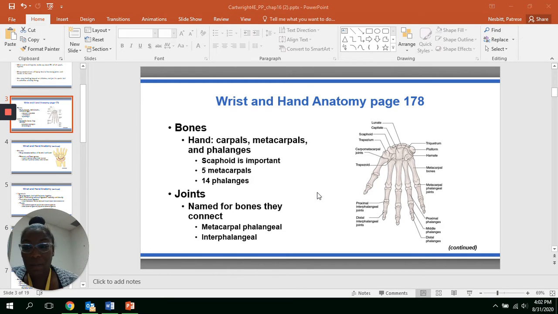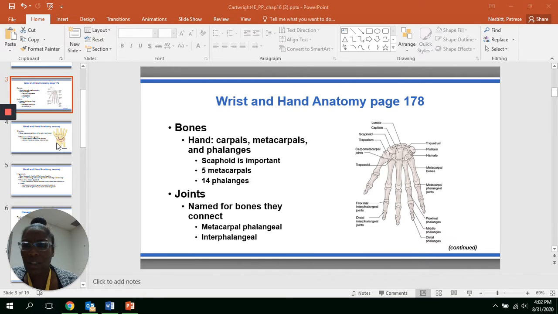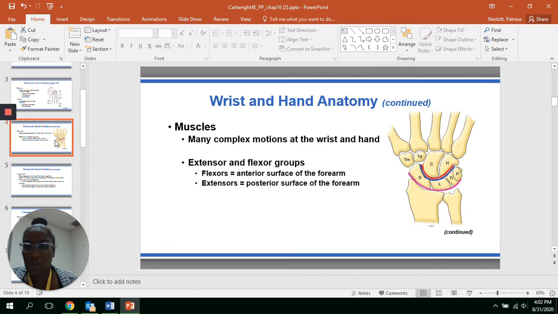So just bear in mind in terms of the interphalangeals of the fingers, primarily the fingers, when we're addressing the bones in the hand. So we're going to move on to the bones in the wrist, or your carpal bones.